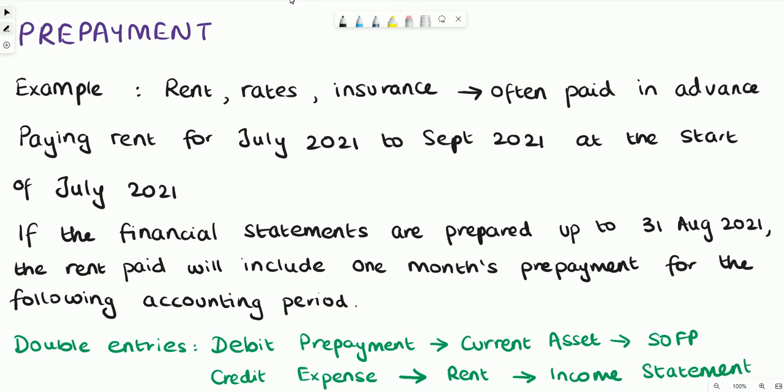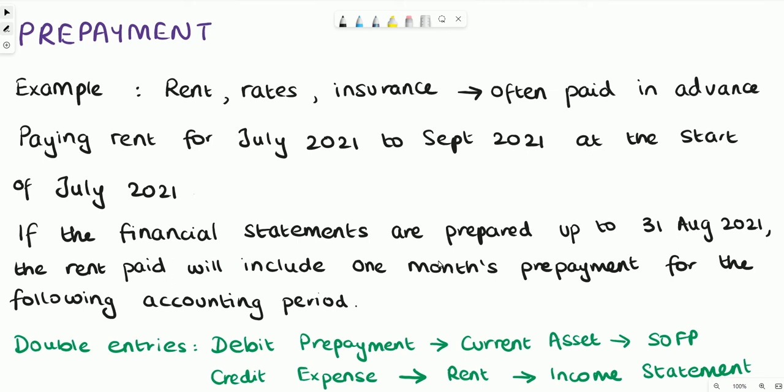So let's look at an example. Let's say that the business has paid rent for July 2021 up to September 2021 at the start of July 2021. If the financial statements are prepared up to 31st of August 2021, the rent paid will include 1 month's prepayment for the following accounting period, i.e. 31st August 2022.